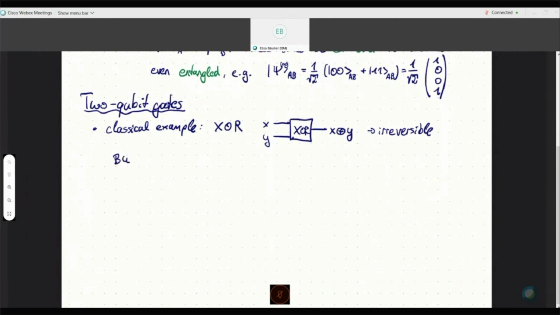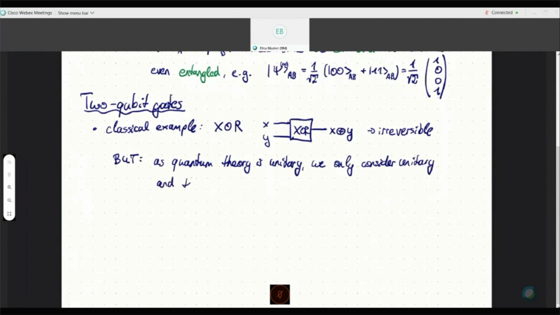But what we just learned before is that quantum theory is unitary, which means that we only consider unitary gates. And unitary gates are always reversible.